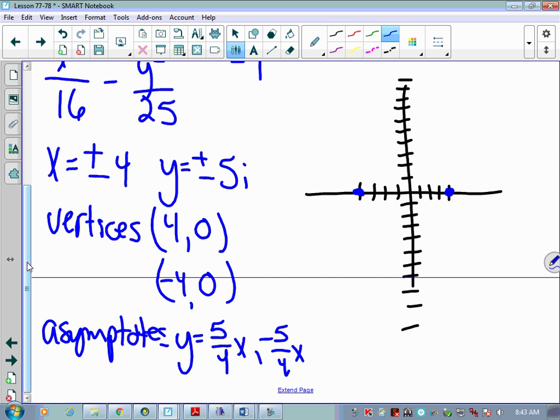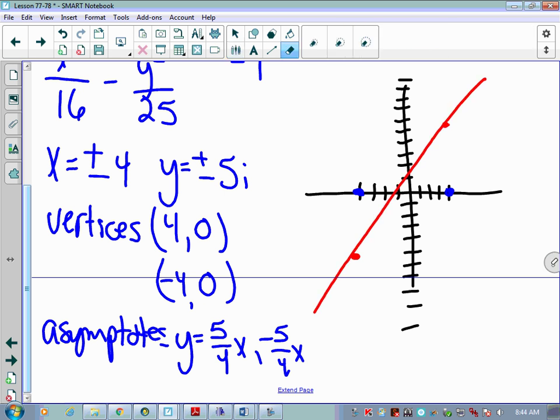Okay. So if I'm going up 5, 1, 2, 3, 4, 5 over 4 gives me something like that. Okay. Down 5, back 4, 1, 2, 3, 4, 5. Okay. Something that looks like that. And this is that line. That didn't work. It should have gone through the origin. I must have messed something up.